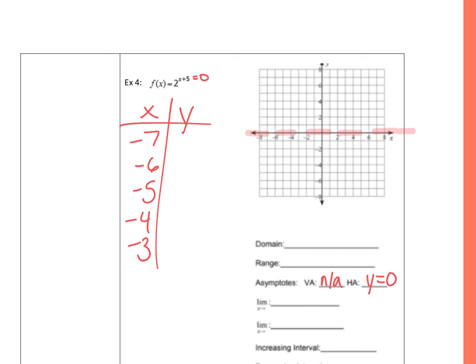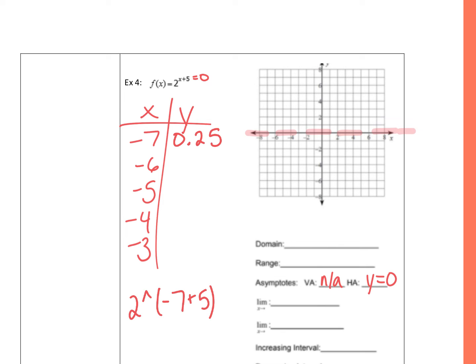And make sure on this one when you type this in, you would type 2 caret, and then you type -7 plus 5 in the parentheses. Okay, because again, that plus 5 is a part of that exponent, so it needs to be in the parentheses with that number. And tell me what you get for that first one. 0.25. Okay.